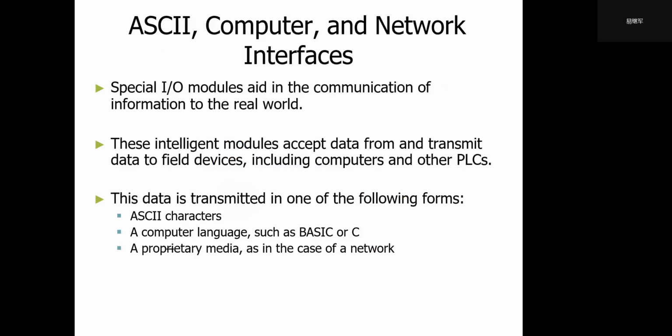This data is transmitted in one of the following forms: ASCII characters, a computer language such as BASIC or C, or proprietary media, as in the case of a network.